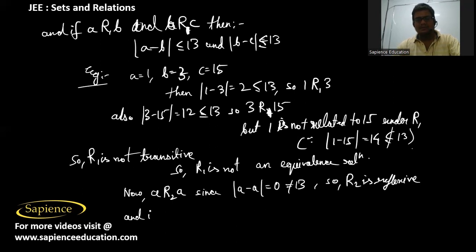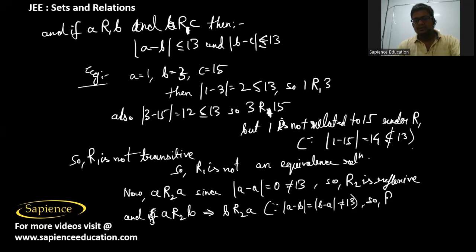And if A is related to B under R2, this also implies that B is related to A under R2, since mod of A minus B equals mod of B minus A, which is not equal to 13. So R2 is symmetric also.